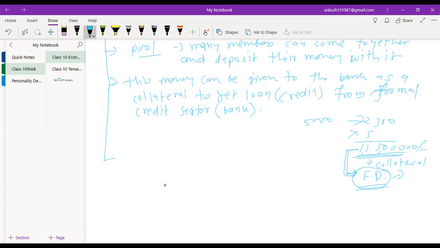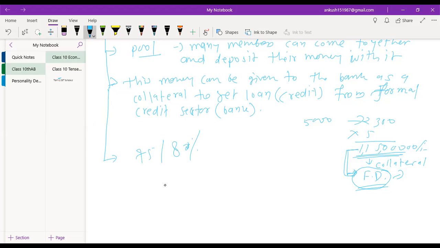Okay, but see here, what would happen? Whatever money is deposited as collateral there, the bank would not give more money than that. Understood? Only 75 or 80% of the money would be provided to the borrowers.